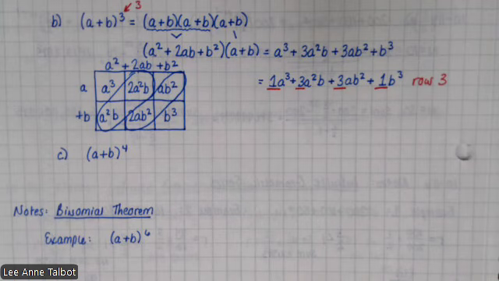Then binomial theorem becomes much more efficient to me. Cubed, it depends. Sometimes I'll do the box, sometimes I'll do binomial theorem. But the sixth power, heck no. I'm not doing the boxes for the sixth power. Like, absolutely not. So when you've got a big number up there in that exponent, that's when Pascal's triangle and the binomial theorem come in to help you, because you don't have to do all these crazy boxes.